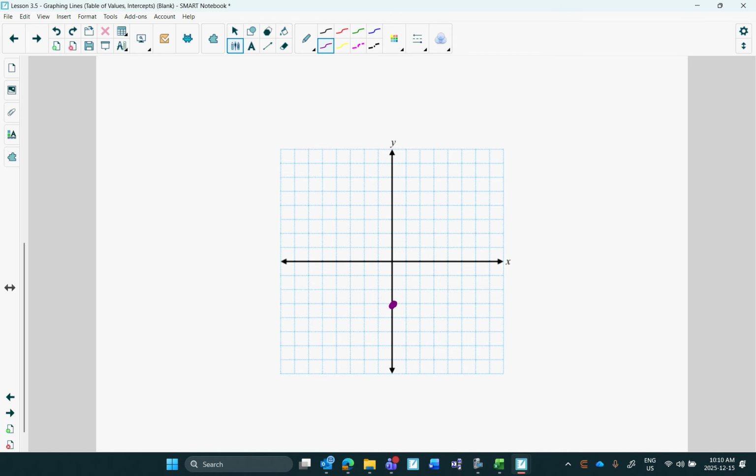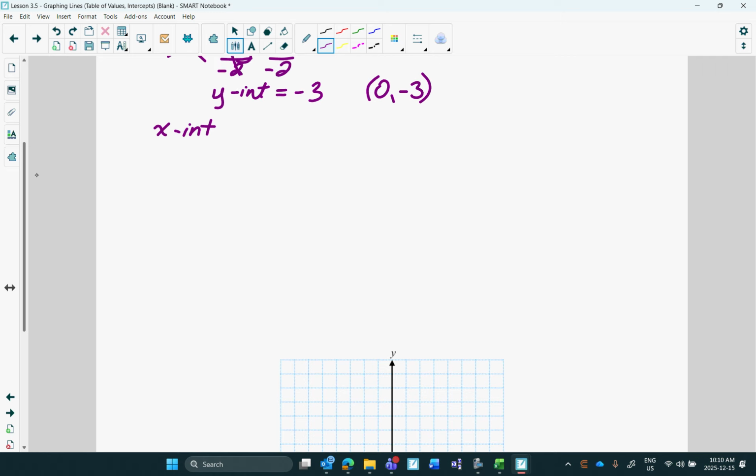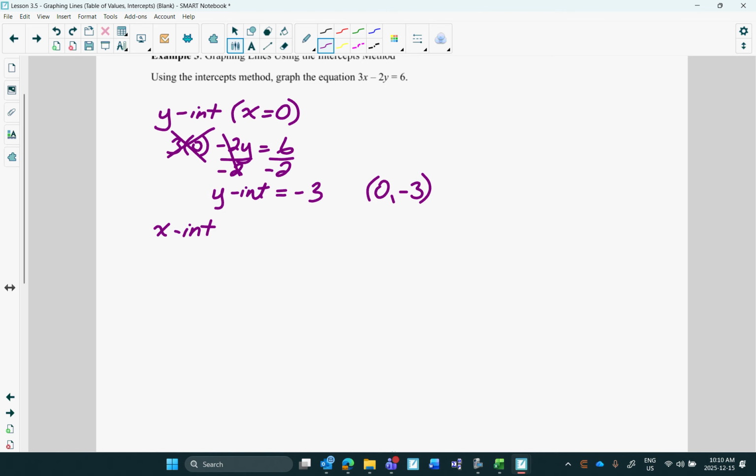But I need 2 points to draw a line. So I've got to go back and find out where it crosses the x-axis. What's the value of y at every x-intercept? So use the equation again. 3 times x minus 2 times, well, y has to be 0, equals 6. Well, 2 times 0 is nothing, so it disappears.